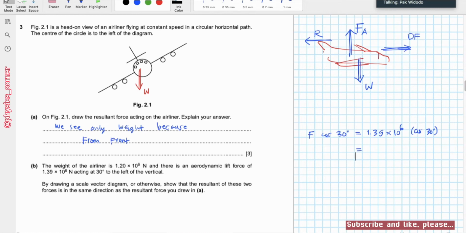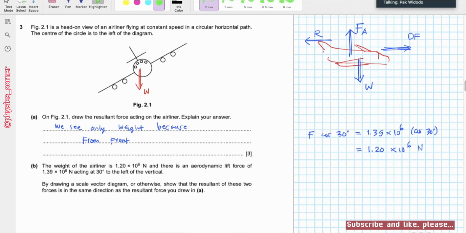Let me check here. 1.39 cos 30. 1.20, yes, correct. This is about 1.2 times 10 to the power 6 Newton.